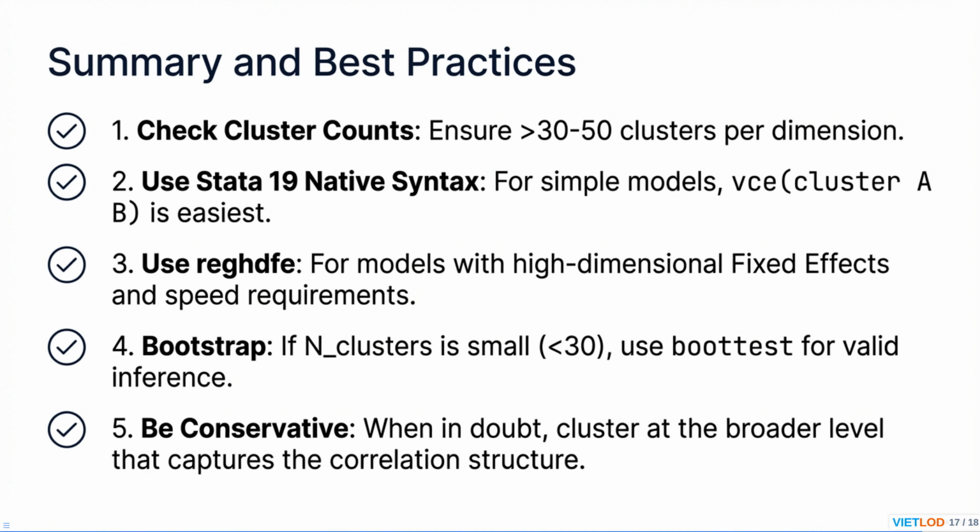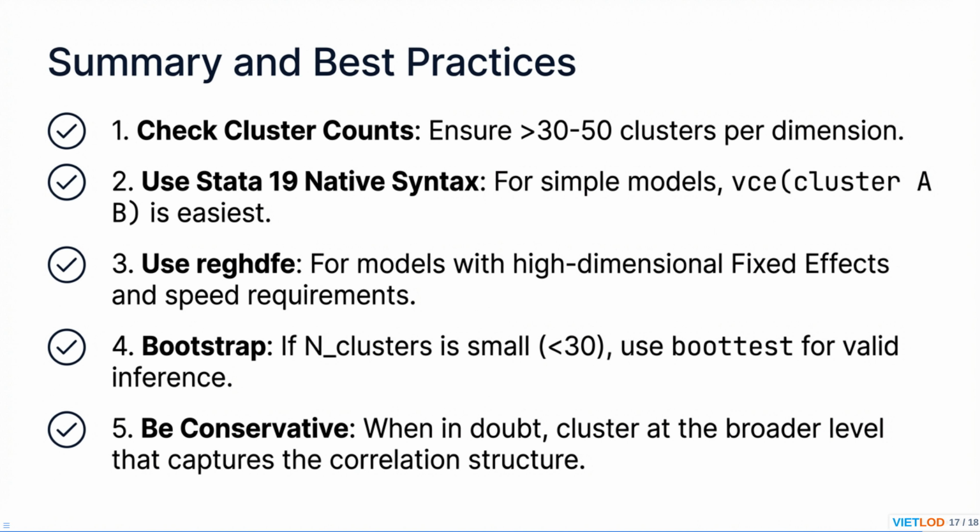To summarize our discussion on multi-way clustering, here are 5 key best practices to ensure robust and reliable inference. First and foremost, always meticulously check your cluster counts. It's crucial to have more than 30 to 50 clusters per dimension for the asymptotic theory underlying standard cluster robust standard errors to be valid.